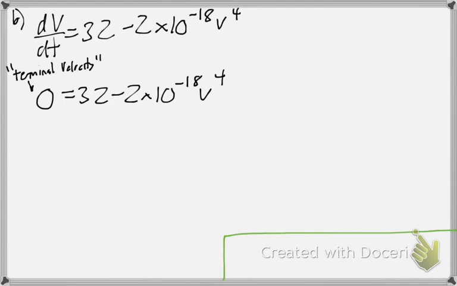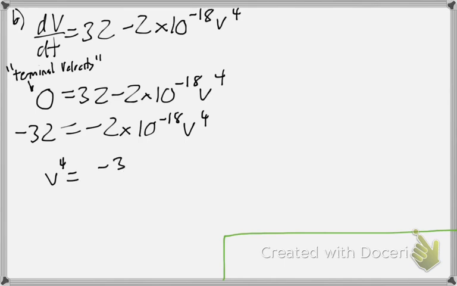So I want to subtract 32 and then divide by negative 2 times 10 to the negative 18. So v to the fourth is equal to negative 32 over negative 2 times 10 to the negative 18.